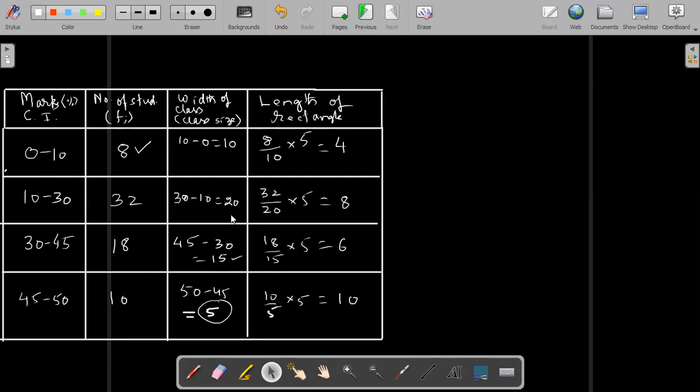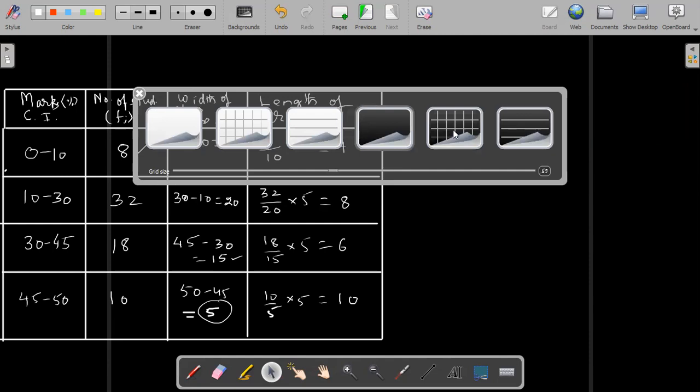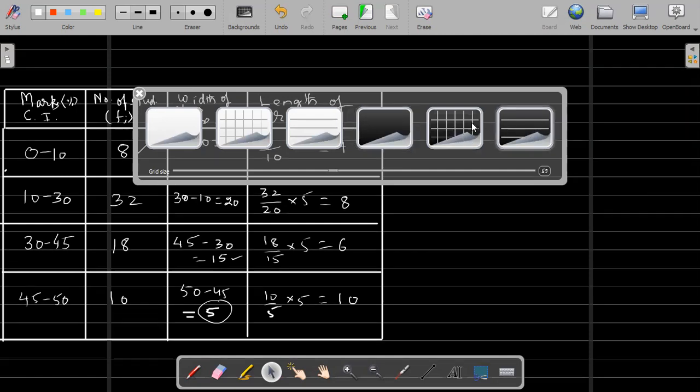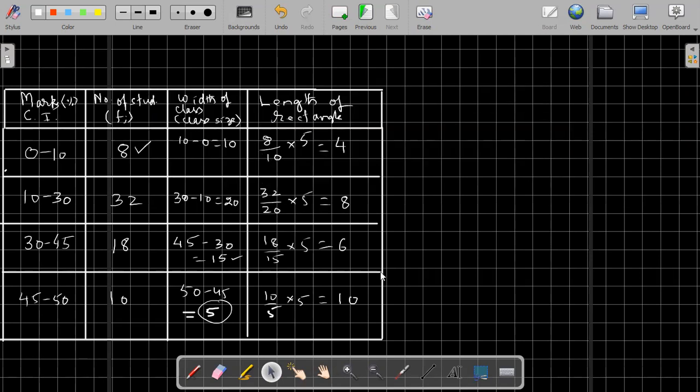So for the histogram, we take the x-axis and y-axis. How will we decide?